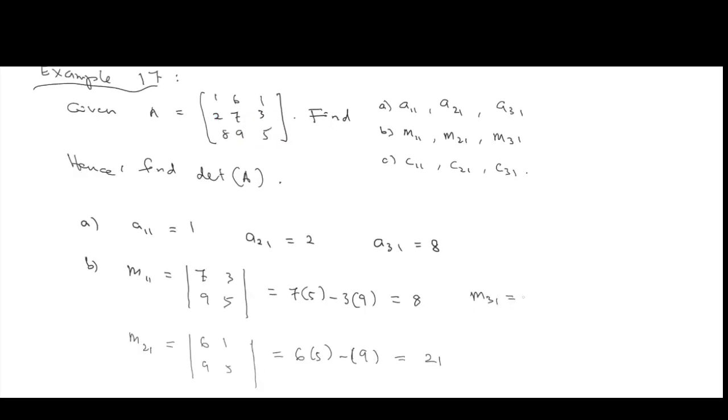Minor 3, 1 is the determinant of the matrix when we delete the third row, first column. So we are left with 6, 1, 7, 3, which is equal to 6 times 3 minus 1 times 7, 18 minus 7, which is equal to 11.